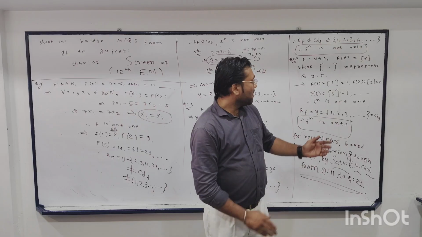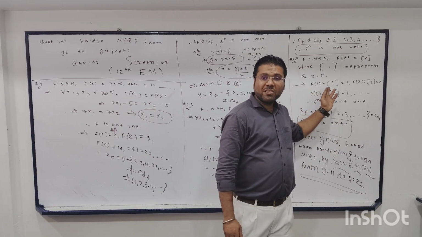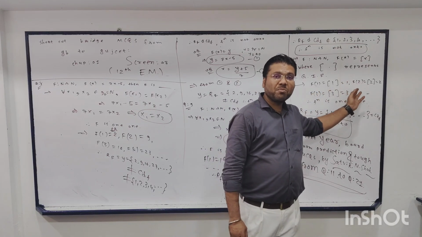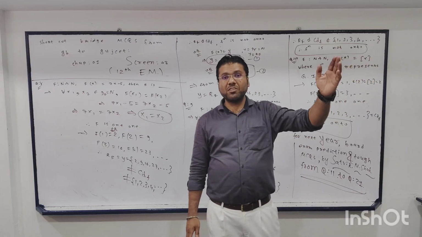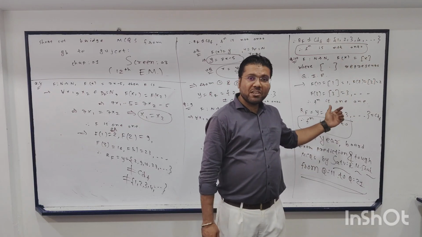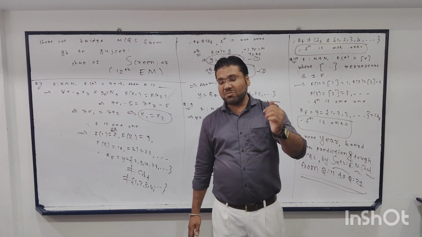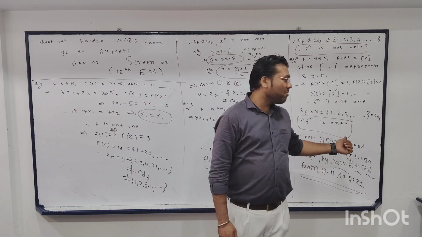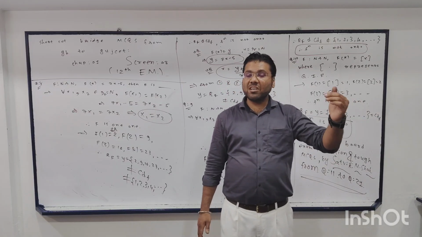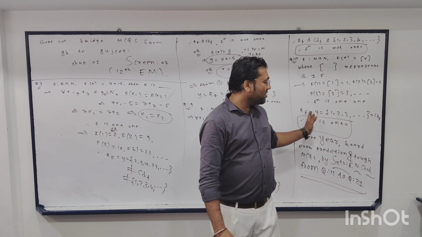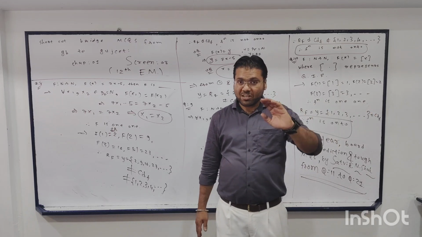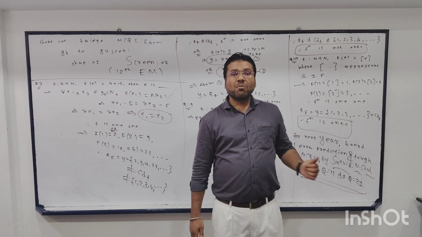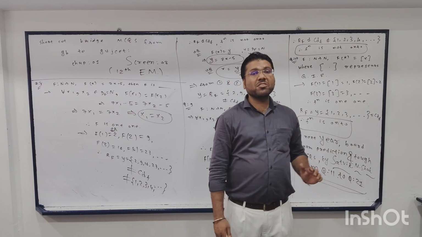Now friends, if we substitute the values like this, f of 1, f of 2, f of 3, f of 4 and so on, we will get the range of the function, or y, as 1, 2, 3, 4 till infinity. So range and codomain are both equal. The function is an onto function.